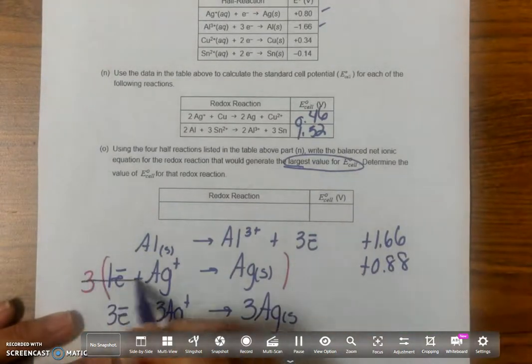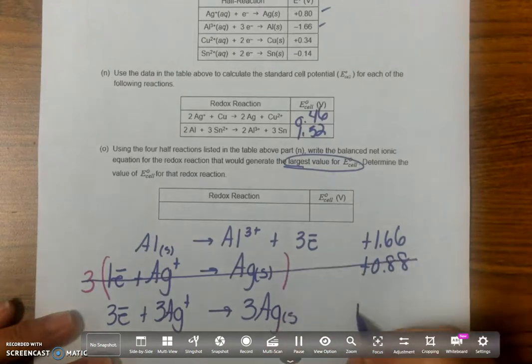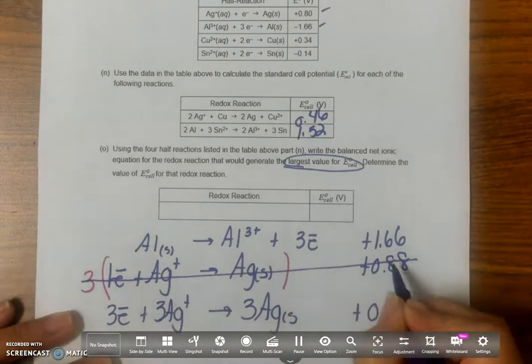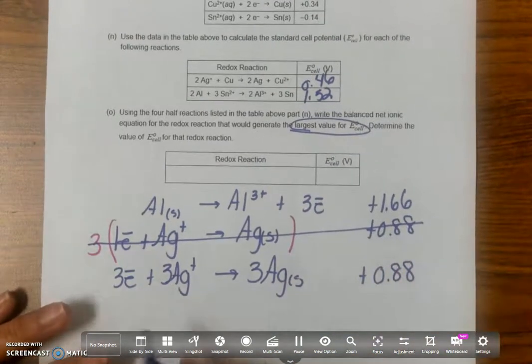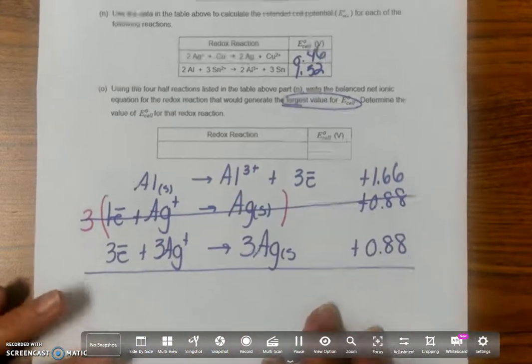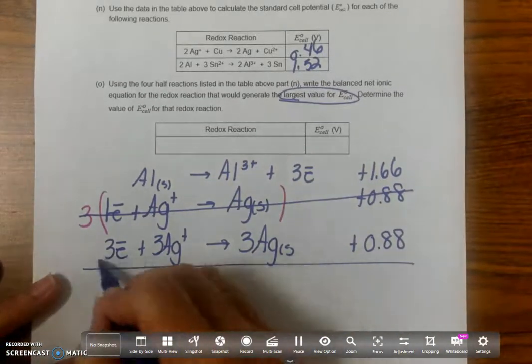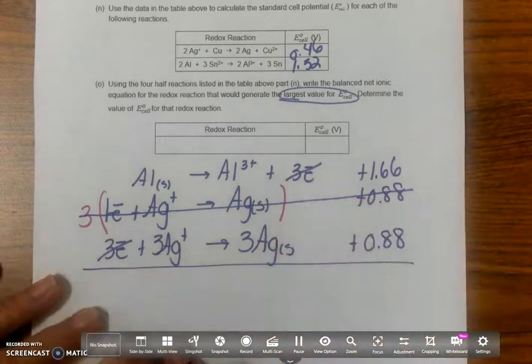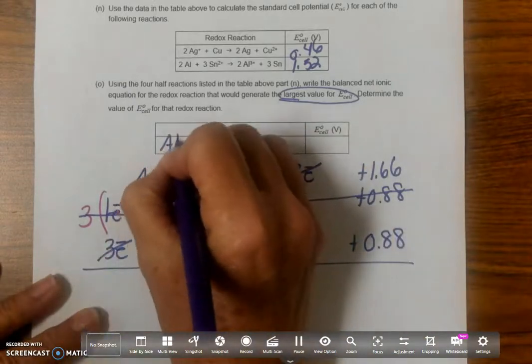But I do not multiply this by 3. Notice that I'm just going to keep it the same. I just cross all that out so I know what equations to add together. Now I've got all my electrons are good, so let's write this up here.